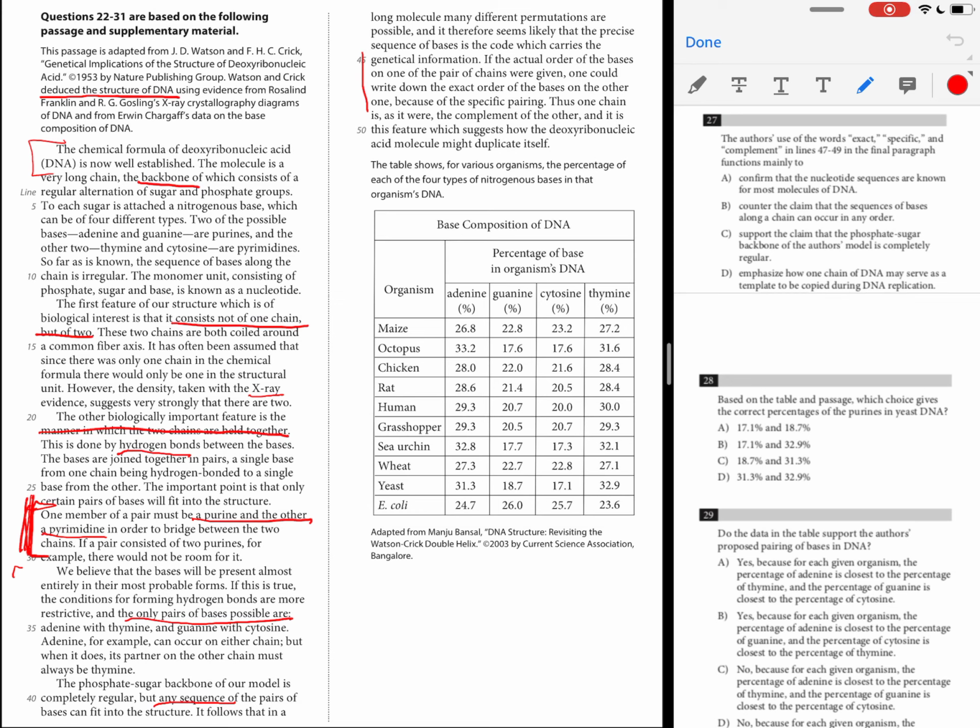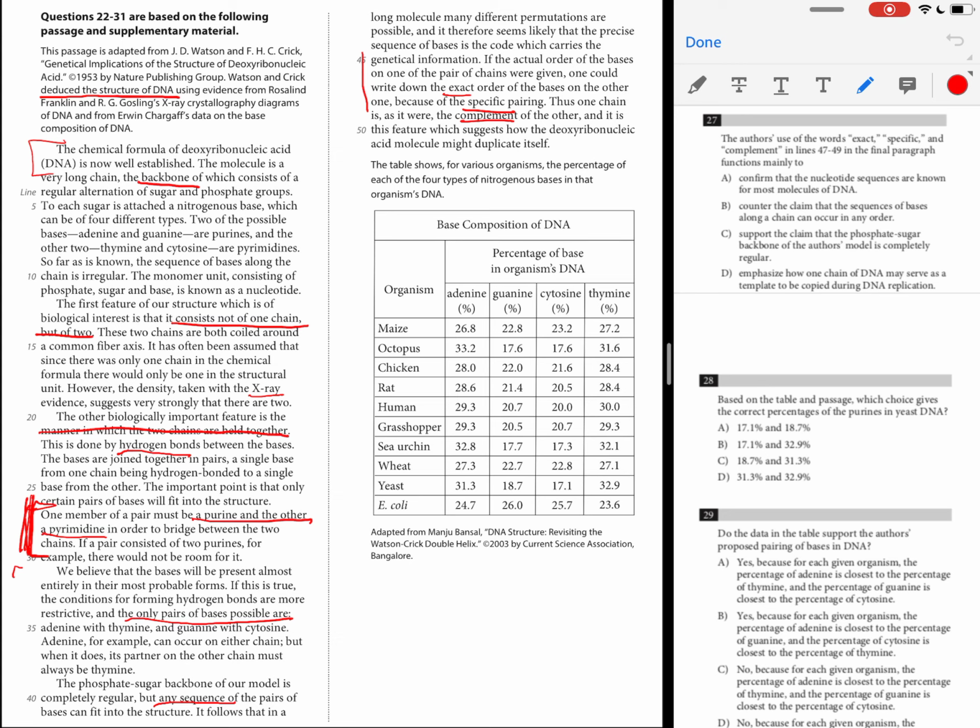If the actual order of the bases on one pair of the chains were given, one could write down the exact order of the bases on the other one because of the specific pairing, thus one chain, as it were, the complement of the other, and it is this feature which suggests how the DNA molecule might duplicate itself. Okay, so these are emphasizing that there's only one possibility, and the molecules are able to duplicate because of that singular possibility, and so it's very precise.